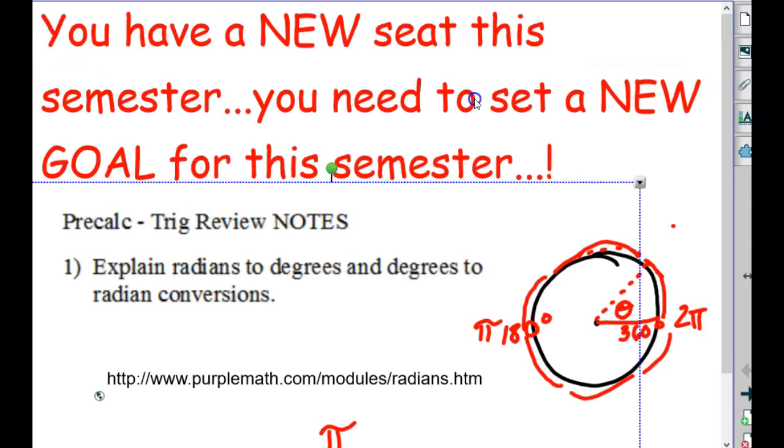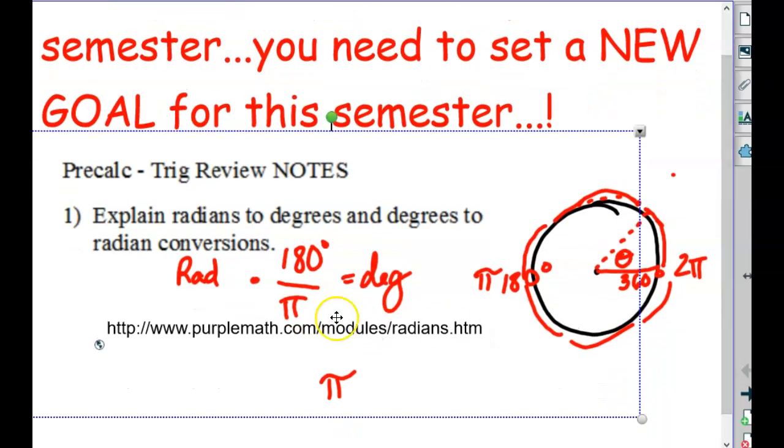If you want to write something down, if you had radians and you wanted to get rid of it, you would multiply by 180 over pi so that the radians would cancel and you would get degrees. If you had degrees and you wanted to get radians, you would put the 180 on the bottom so that the degrees would cancel and you'd end up with radians.